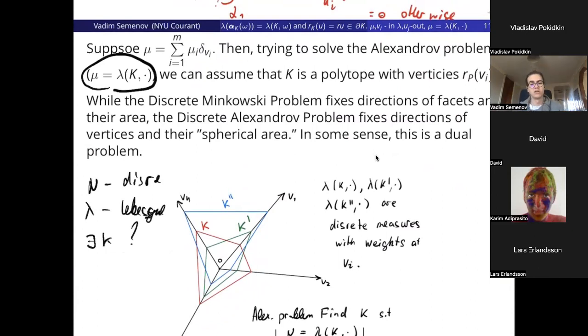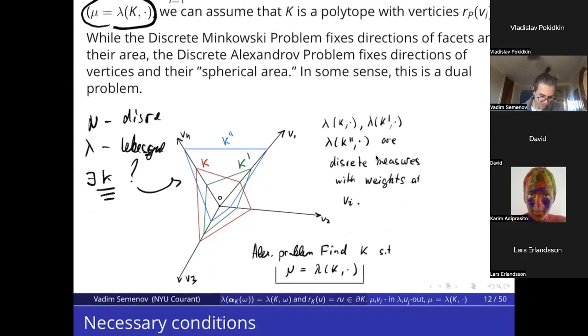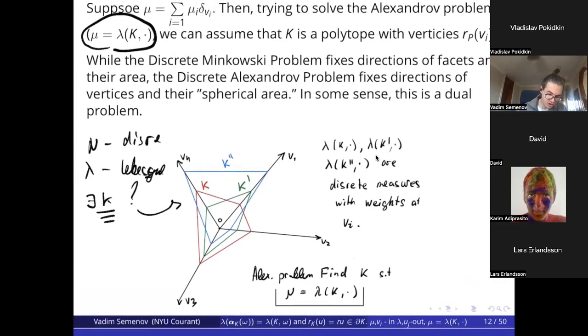So now I know that all convex cases I should look for are exactly polytopes with these vertices, because otherwise the measure will not satisfy this form.